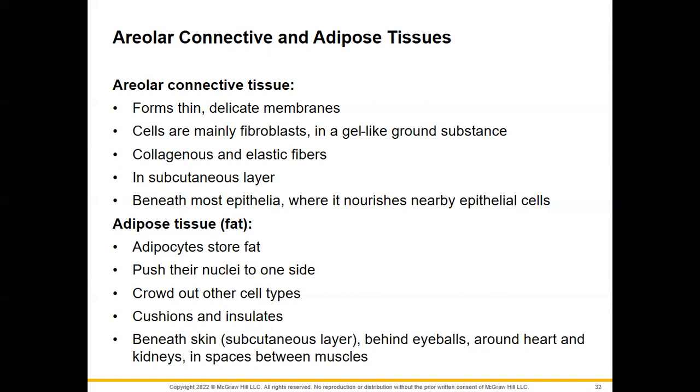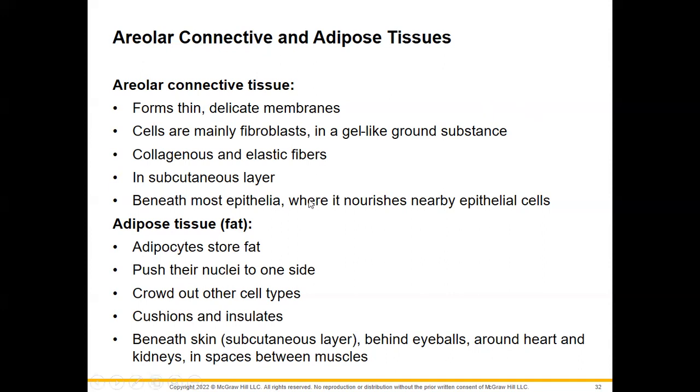So that layer of tissue deep to your epidermis and dermis is going to be a good layer of areolar connective tissue.